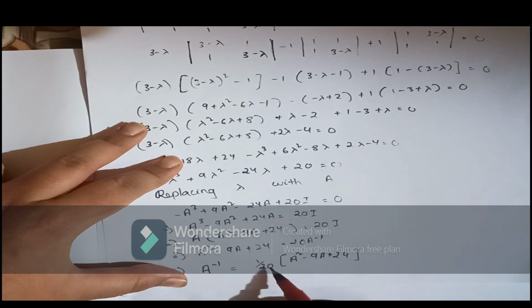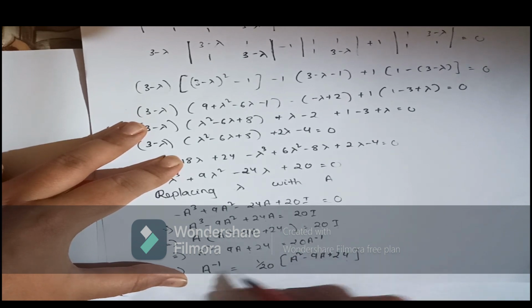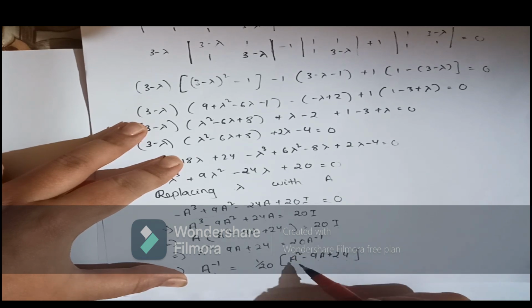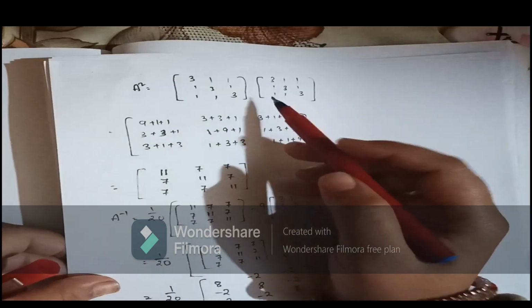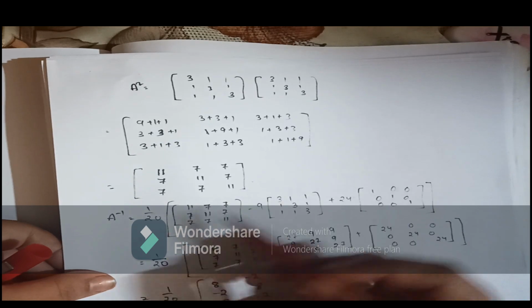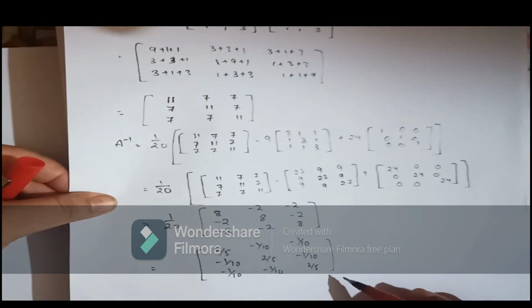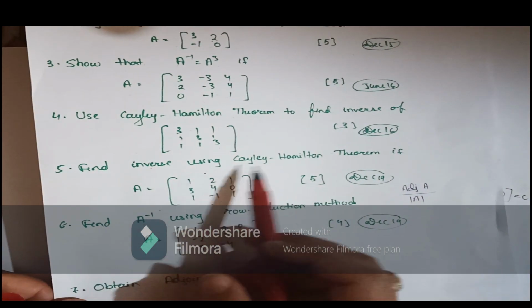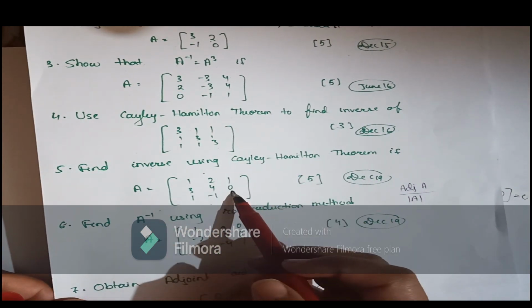So A inverse is equal to 1 by 20 this much. So to find out the A inverse, I need to find out A square first, because A is given. So this is how we have to find A square. After you get the A square, you can put it in and solve it to find out the A inverse. That's it.